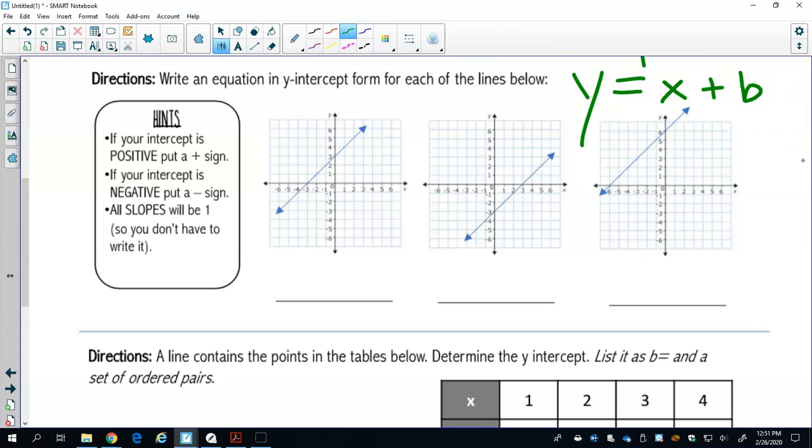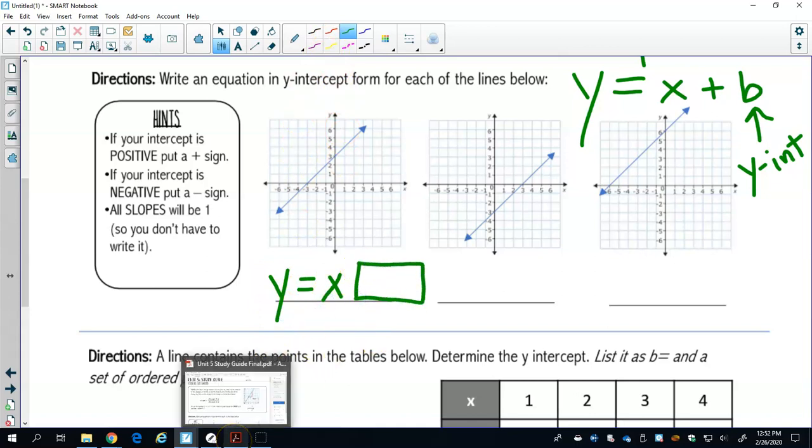The slope is 1, but we don't have to write it. The b is our y-intercept. Just going to abbreviate y-int. So if I looked at the first equation, my equation is y equals x. And I'm going to leave the sign and the number blank. I'm not going to put minus or plus until I recognize it's positive or negative.